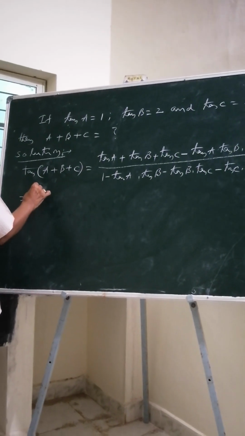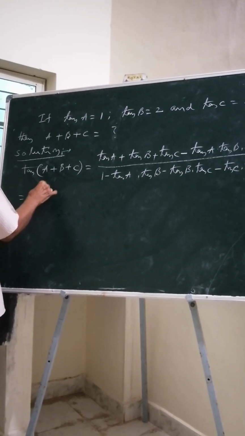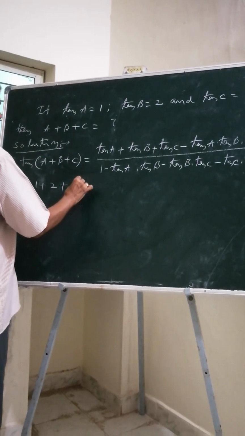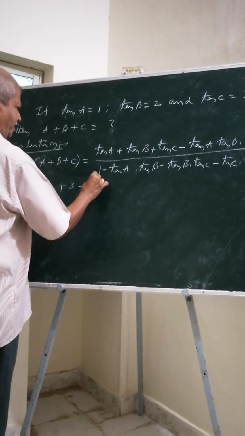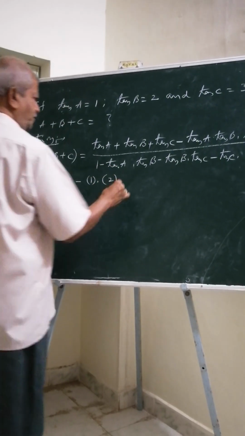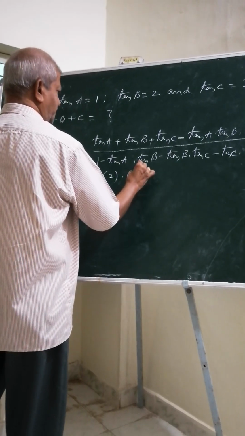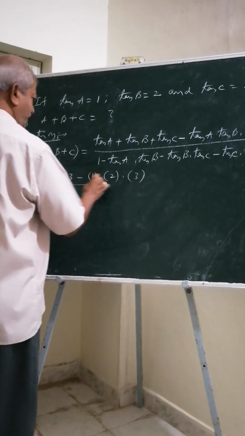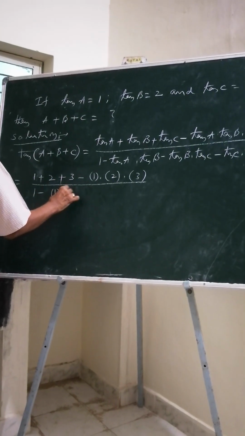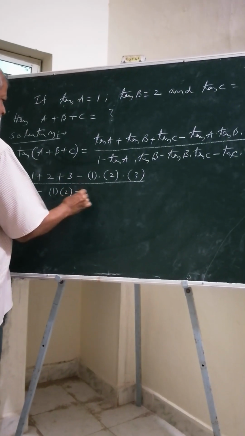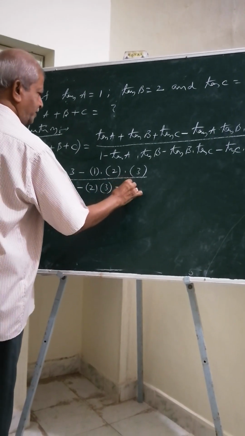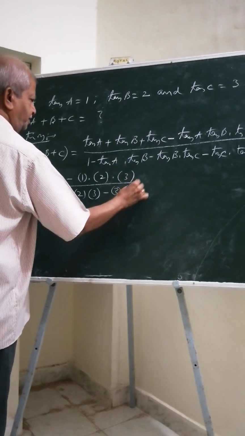So that is equal to tan A means 1 plus tan B means 2 plus tan C means 3 minus tan A means 1 into tan B means 2 into tan C means 3, whole divided by 1 minus 1 into 2 minus 2 into 3 minus 3 into 1.